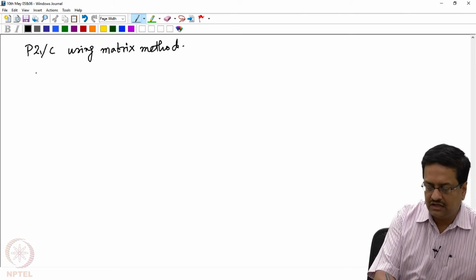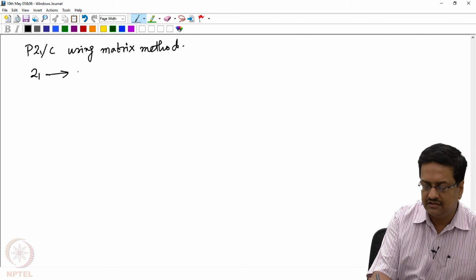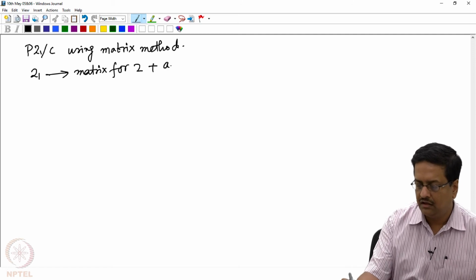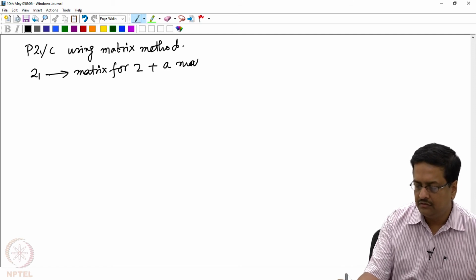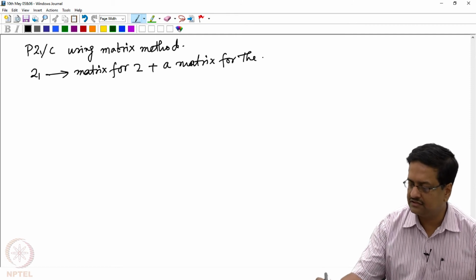So when we are trying to write a matrix for 2-1, it is a matrix for 2 plus a matrix for the translation.